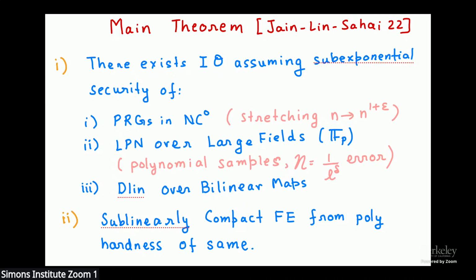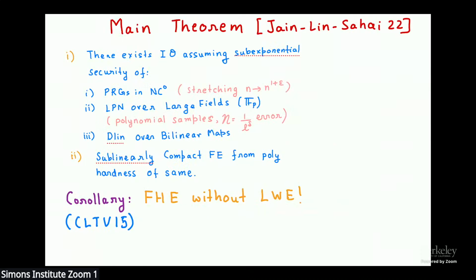Not only because there were interesting techniques, which at that point I found really surprising, but it also leads to surprising implications. In particular, you can base most primitives that you can build from obfuscation without LWE. So the bilinear map world is essentially as powerful as LWE. That's kind of the takeaway message.